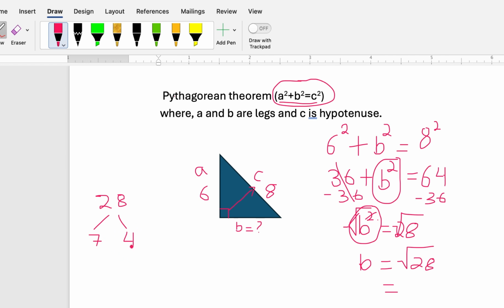And I know the square root of 4 is 2, so I'm going to stop right there. The square root of 4 times the square root of 7 is the square root of 28. So I know the square root of 4 is 2, so I'm going to put the 2 outside the square root. And there's no square root of 7, so I'll keep it as the square root of 7. So B equals 2 square root of 7 is my final answer, and it's in radical form.